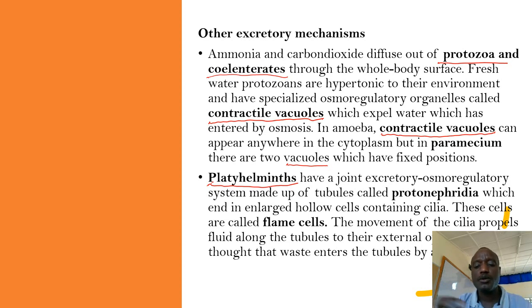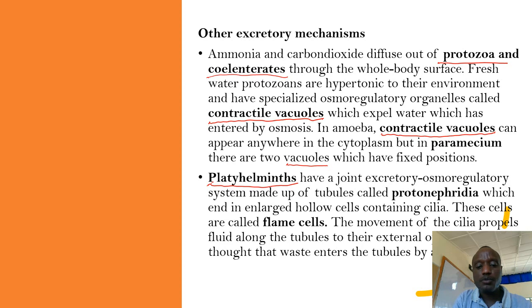Now we have another group of organisms, the platyhelminths, where we have the tapeworm and the planaria worm. I don't want to read everything because you can go through this slide, but what I want to explain here is the structures they use to discharge their waste product.